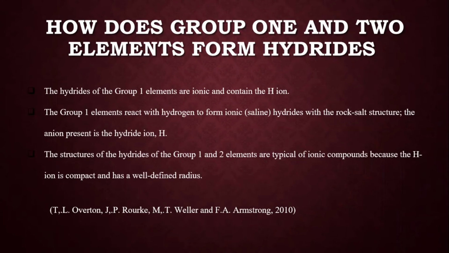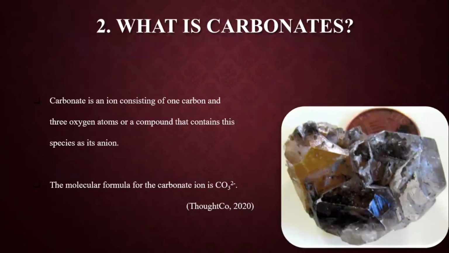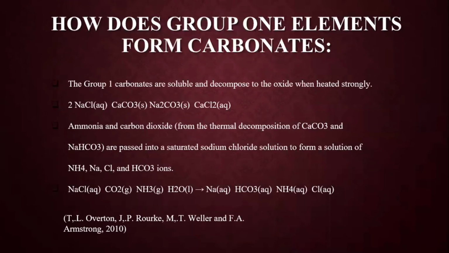Now, what are carbonates? Carbonate is an ion consisting of 1 carbon and 3 oxygen atoms, or a compound that contains this ion. The molecular formula for the carbonate ion is CO3 2-. How do group 1 and 2 elements form carbonates?